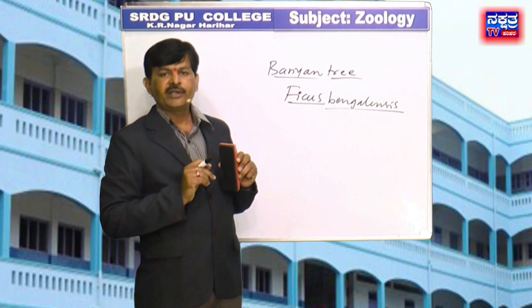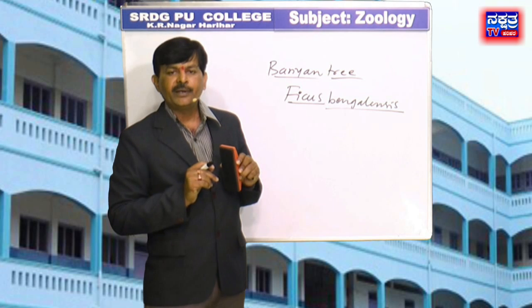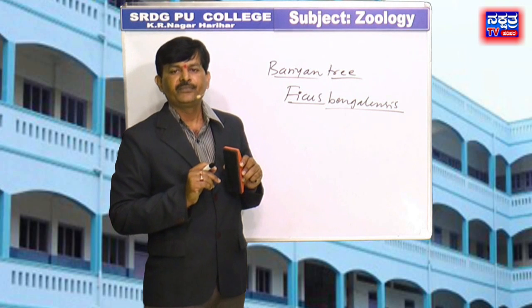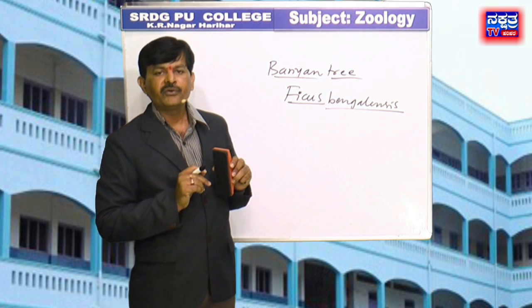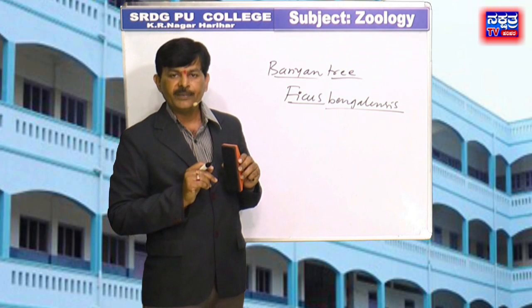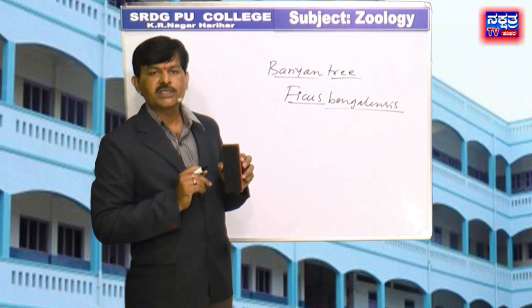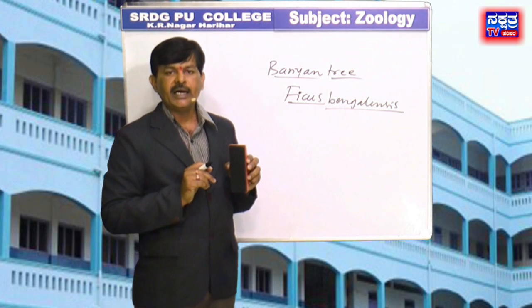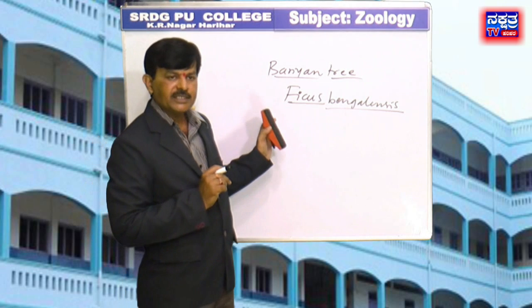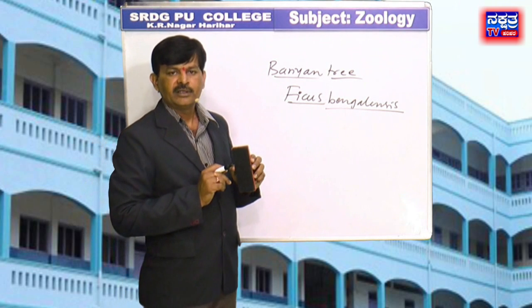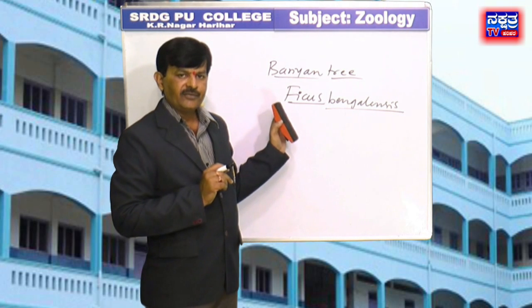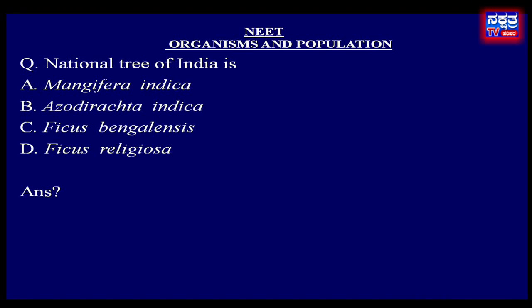The tree is often a symbol of the fabled Kalpavriksha, or the tree of wish fulfillment, as it is associated with longevity and has important medicinal values. Therefore, C, Ficus bengalensis is the right answer.